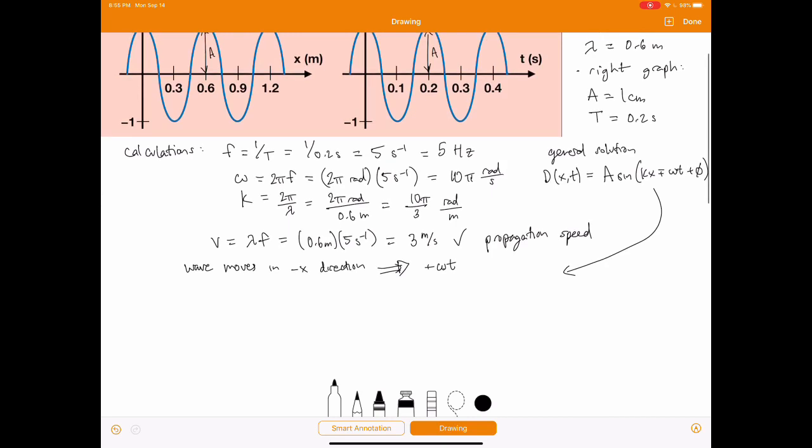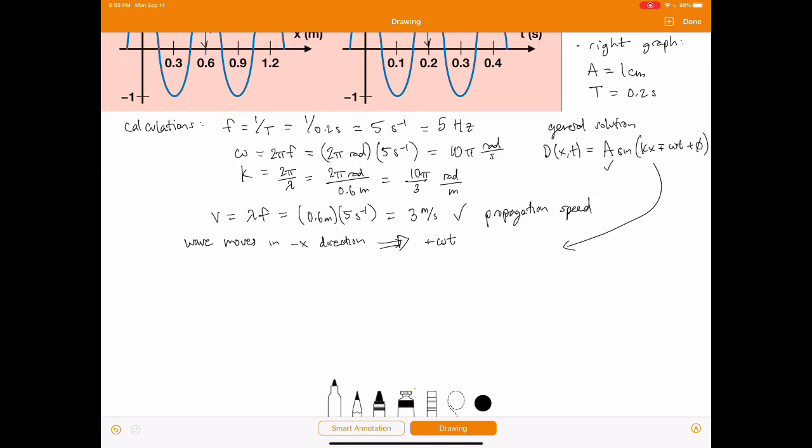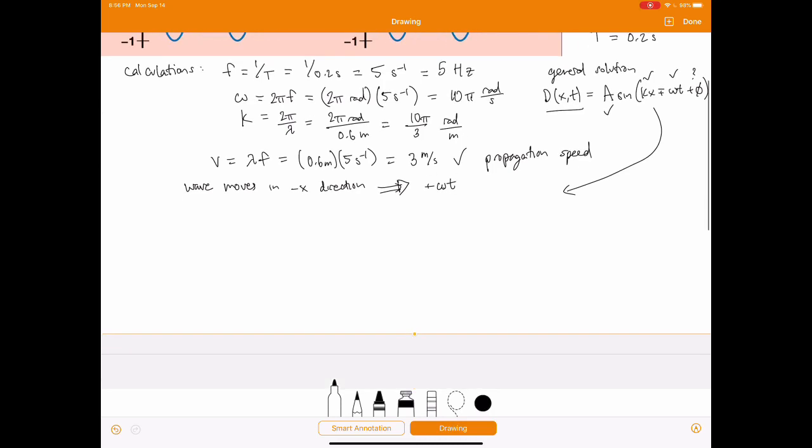All right, so the last thing to work out then is the phase angle phi, because we have the amplitude, we have k, we have omega, we need to know phi. And then we'll have everything we need to write down the solution for d as a function of x and t for this wave. So here's what we have.